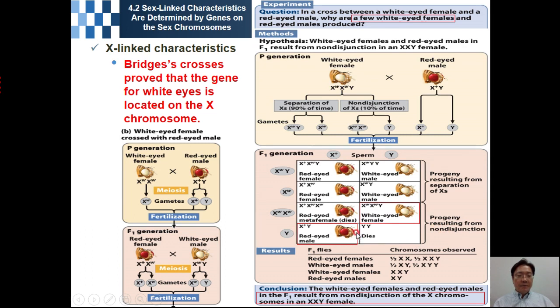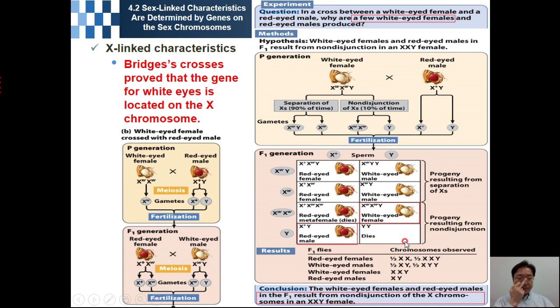How about this one? They will make X plus Y. So the eye color will be red, so a red-eyed male. When this one fertilizes, they will make YY. Because they don't have an X chromosome, they will die.